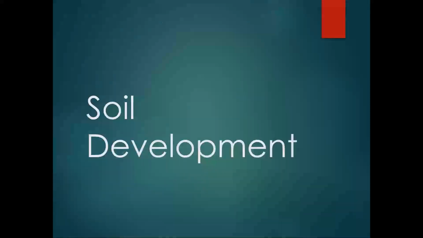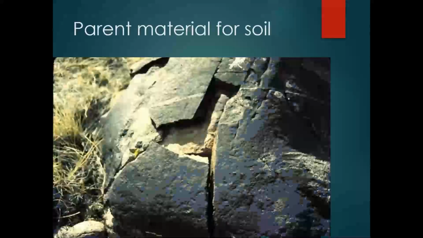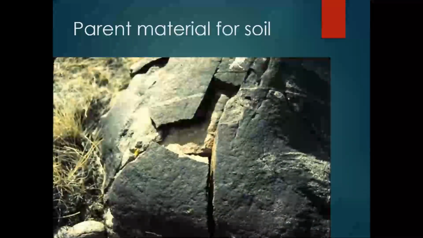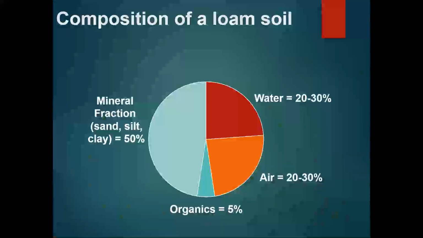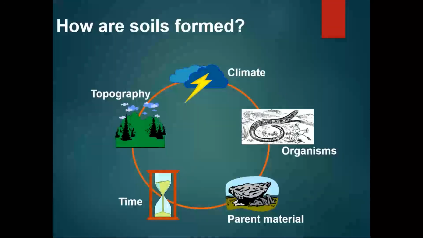So let's take a kind of a big step back and look at just bulk development of soils in the landscape. All soils are derived from some original parent material, be it the rock, washed in sediments, dune sands, and things like that, that begin to accumulate at the surface of the earth, and they begin to interact with the natural environment with a number of soil forming factors.